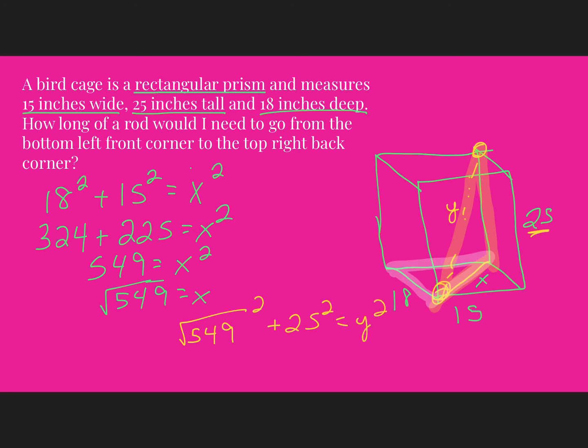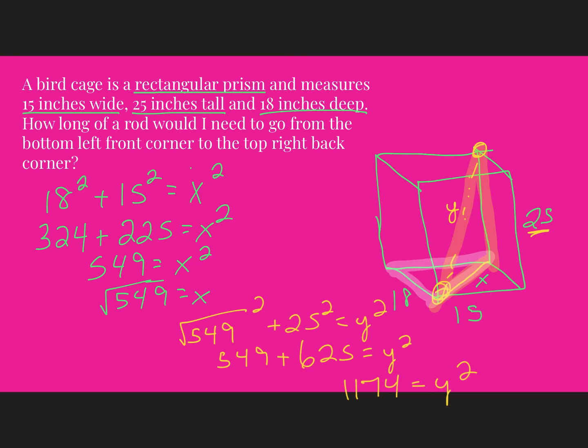Well, I know the square root of 549 squared is just going to be 549. Plus 25 squared is 625. So 625 plus 549 gives me 1,174 equals y squared. I would take the square root of 1,174.